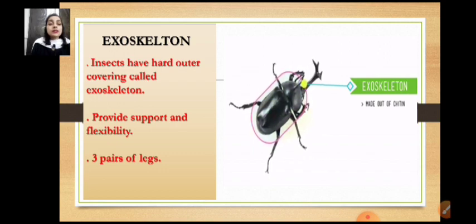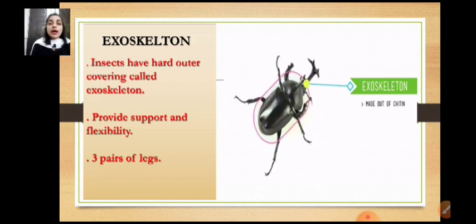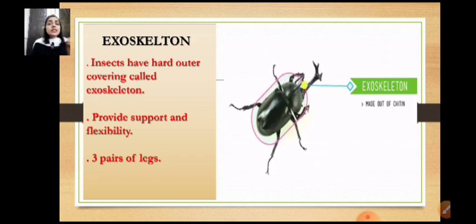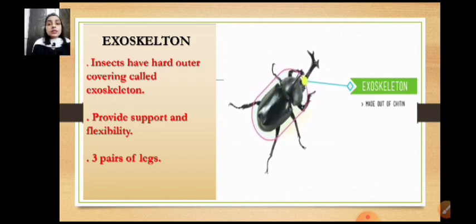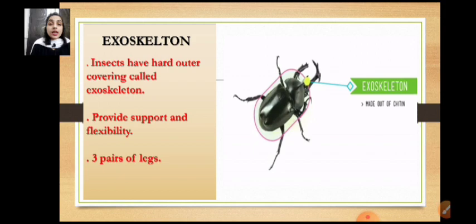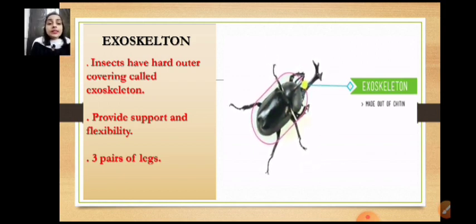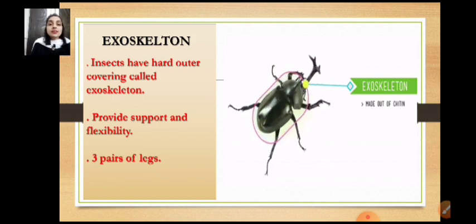The outer covering of insects is made up of chitin and they do not have bones at all. So how do they maintain their body posture? Instead of bones, they have an exoskeleton, which provides them necessary support and flexibility.